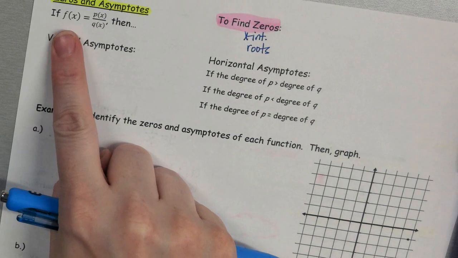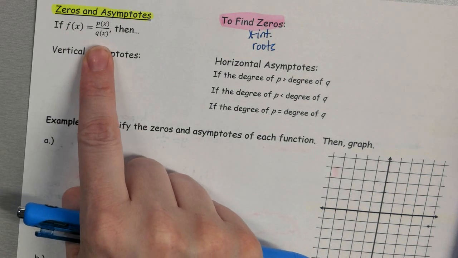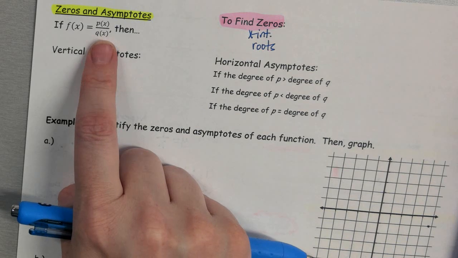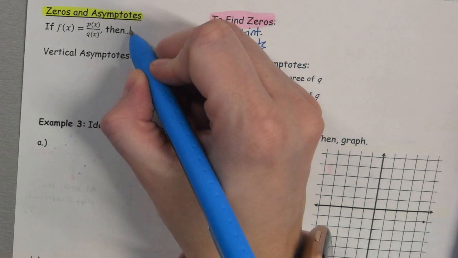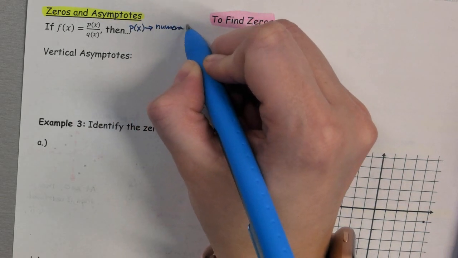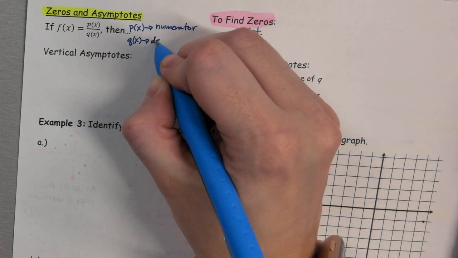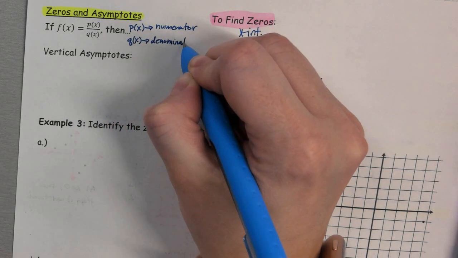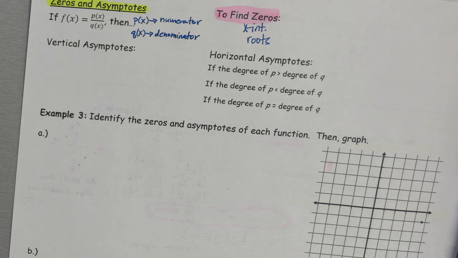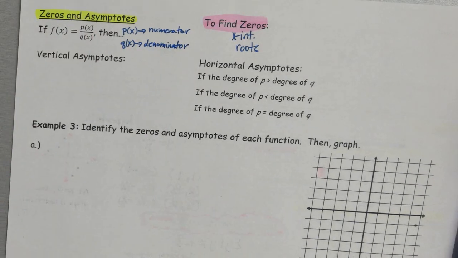Now, notice that this starts with if f of x equals p of x over q of x. P of x and q of x are just polynomials. The p of x means whatever polynomial is in the numerator, and q of x just means whatever polynomial is in the denominator. The reason we want to give those names is because they're going to be used in certain processes for how to find zeros and asymptotes.